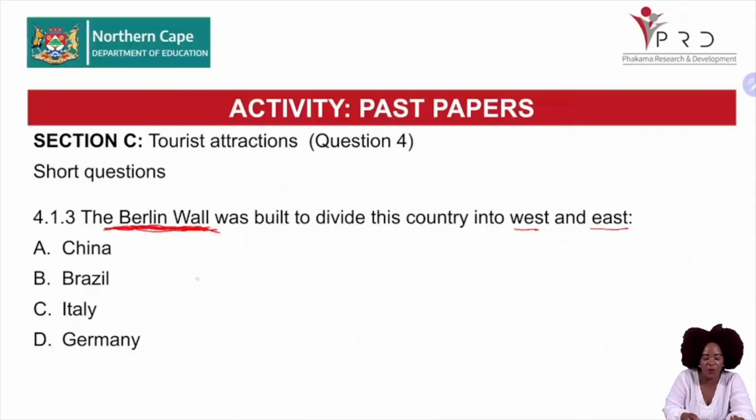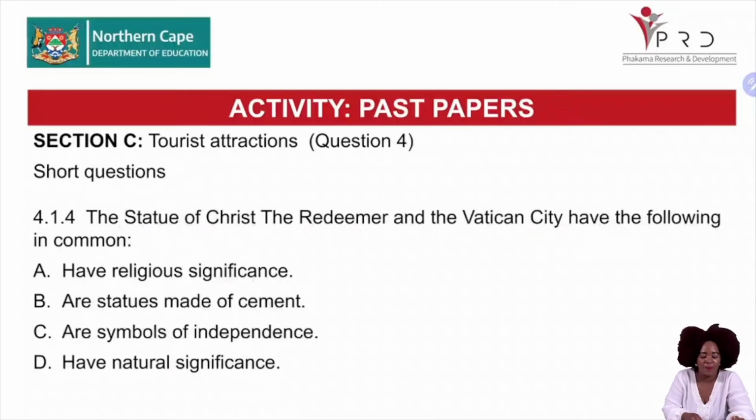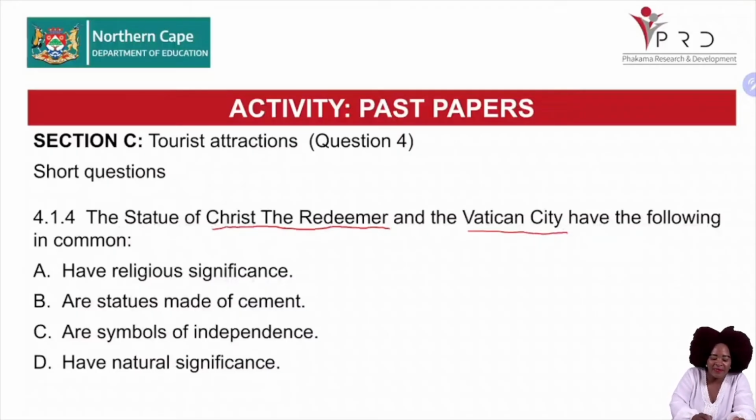Let's move to 4.1.4. The statue of Christ the Redeemer, another icon, and the Vatican City, another icon, but on different continents, have the following in common. What is it that the statue of Christ the Redeemer and the Vatican City have in common? Is it religious significance, which is A, grade 12?